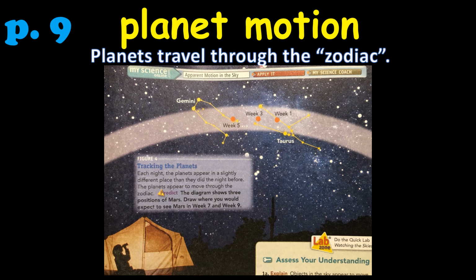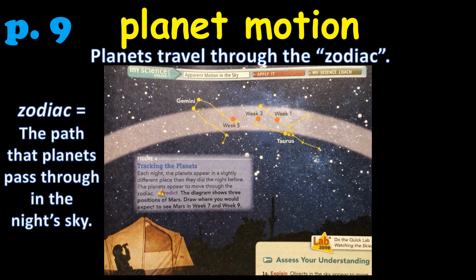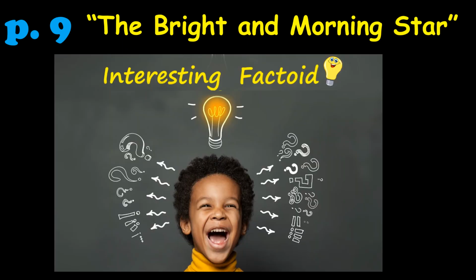So Earth, Mars, Venus, Jupiter, Mercury, Saturn, all of those planets are going to pass through a specific location in the night sky as we're watching them and tracking them. So that's just what the zodiac is, as the book mentions it. That might be an assignment question.